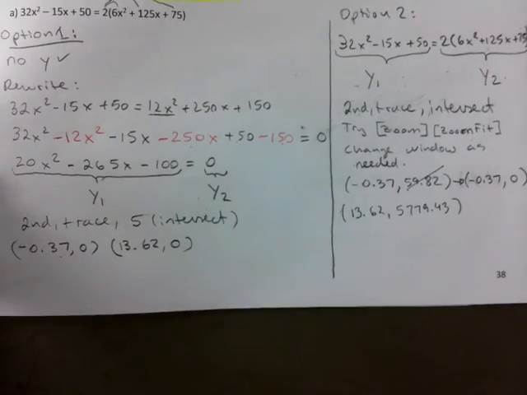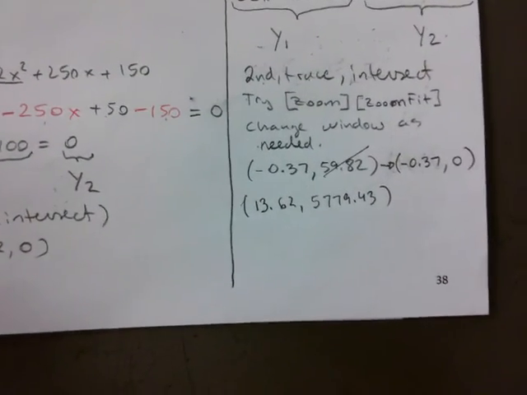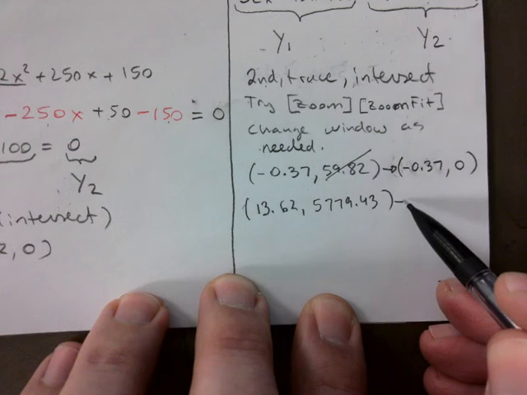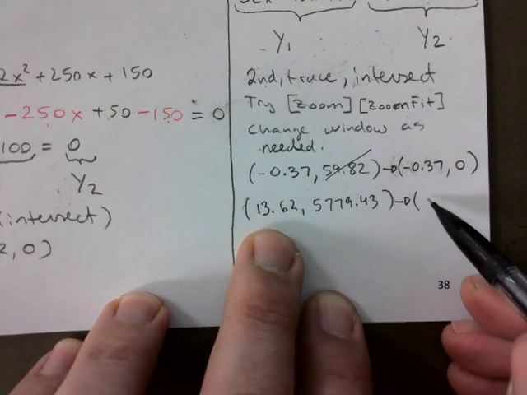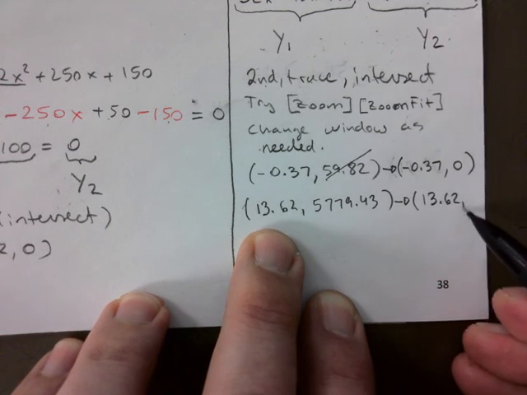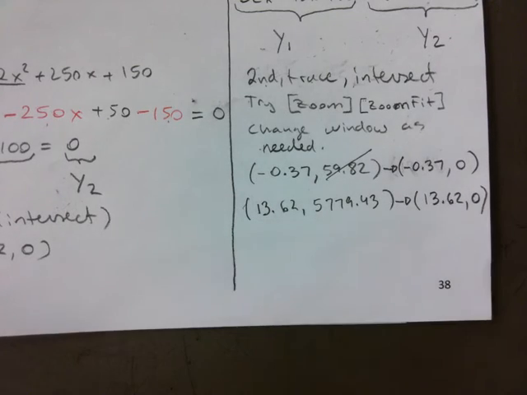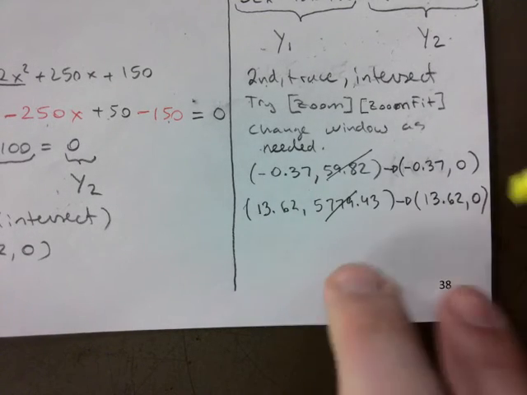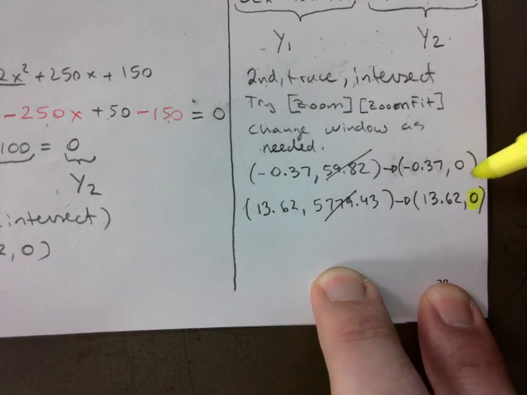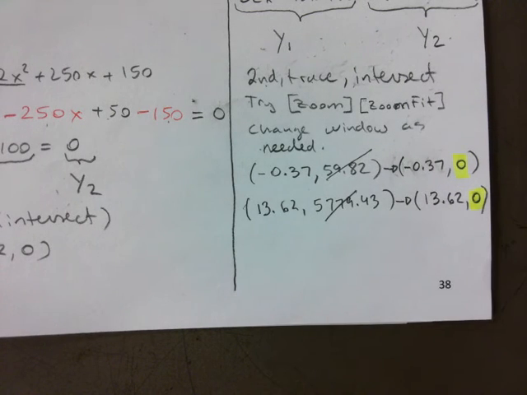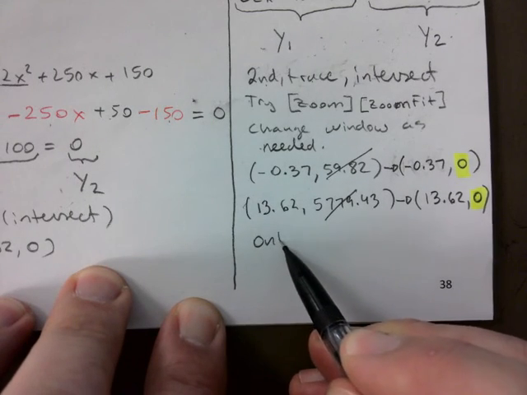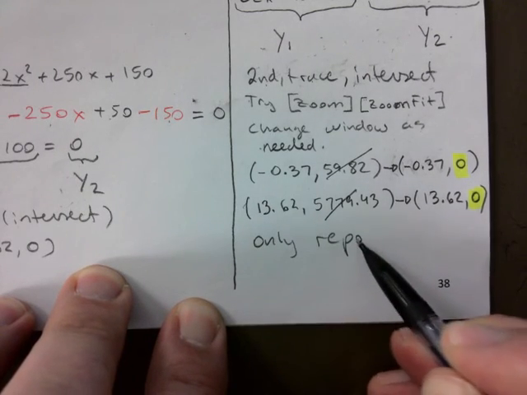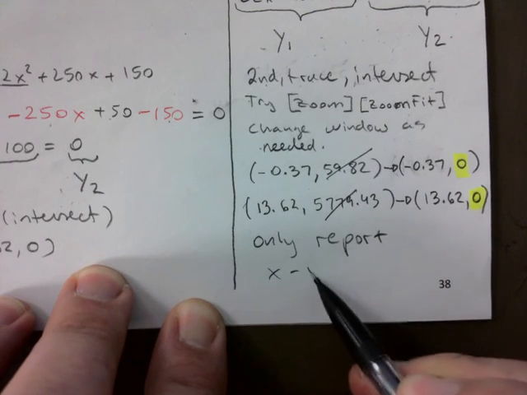Okay, that is the key. If you're using that second method, you're going to have to only report the x values. So this would be 13.62, 0. Okay, so we get rid of the y values. You only report the zeros there. Only report x values.